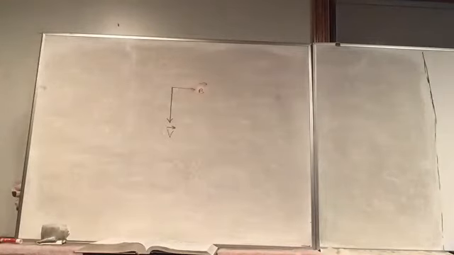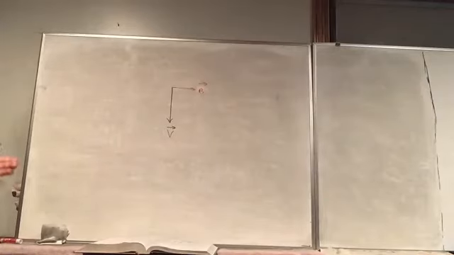Then what would the direction of the electric field be? We get that from the right-hand rule. So if you put your fingers in the direction of the electric field and curl in the direction of the magnetic field, your thumb points in the direction of the velocity.